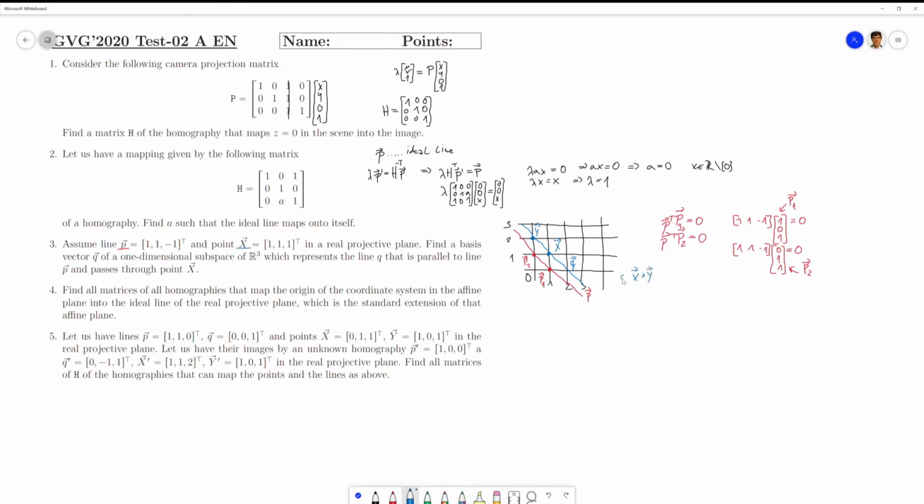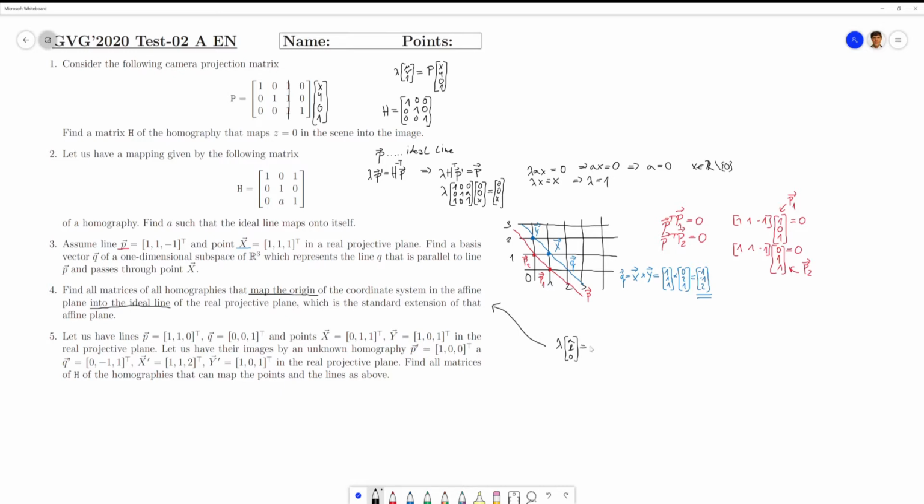The only way of representing a line in three-dimensional space by a three-dimensional vector that I know is the perpendicular vector to the plane which is incident with line q and the point 0, 0, 1, which extends this real affine plane to the real projective plane. So a three-dimensional representative is, for example, the vector -1, -1, 2.